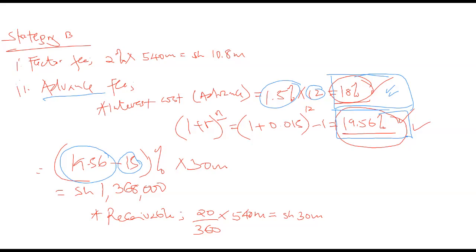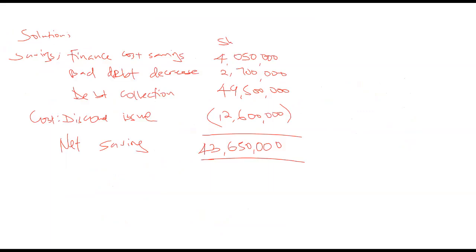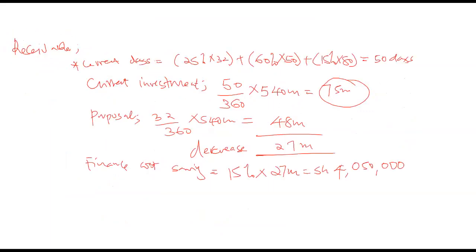So since we have done this over here, I think the next working we can see is the finance cost saving, if there will be any. We compare what was the investment in the receivable before. You've done that working already, somewhere in our working one. Yes, here it is. Current investment in the receivable, we got 25 million.